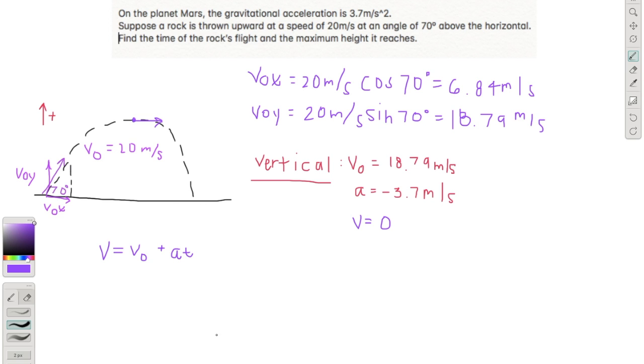The only thing that we don't have is time, so we can rearrange that: t equals v minus v0 over a. All the information that we have found, we can plug in.